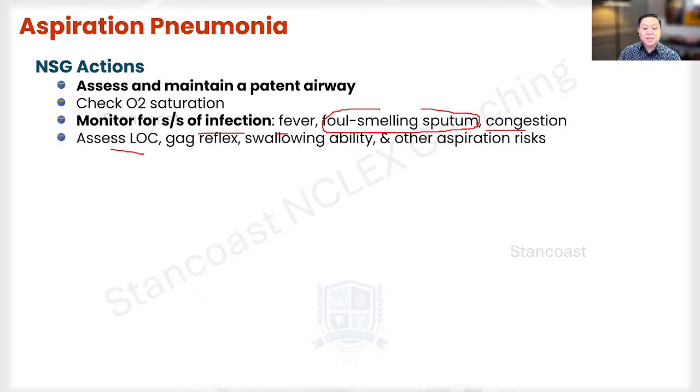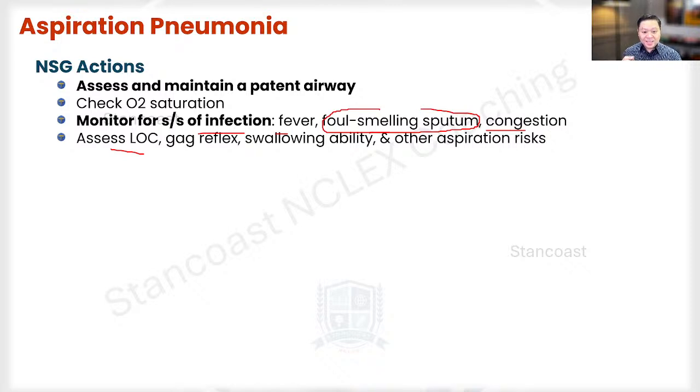All right. Now here, guys, we really need to also check for the gag reflex, as I've mentioned, because this is actually the normal mechanism in our body to prevent any aspiration. And the gag reflex is one of those protective mechanisms that is not going to be there anymore, especially when their level of mentation is decreased.